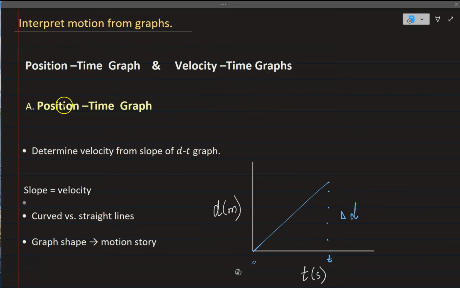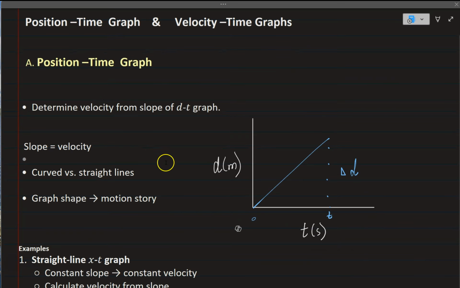All right, review of the position time graph. Remember that the position time graph has the vertical as distance or displacement versus the time. Basically the DT graph, that's what it's called, position time graph, DT graph, the slope of that graph, that line, is always the velocity. And remember, what was the slope in mathematics?